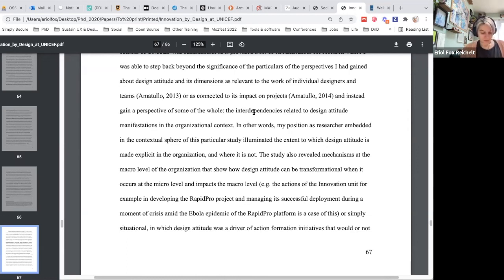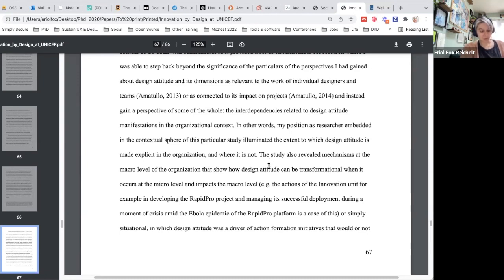And interdependencies is always an interesting word to pay attention to within open source. I wonder what the dependencies related to design attitude manifestations in the organization are in relation to the open source work. Design dependencies is not talked about, I suppose. Design dependencies would be an interesting investigation, a probing topic.